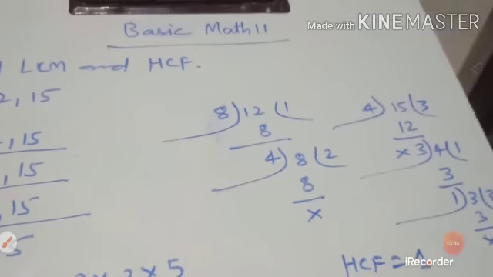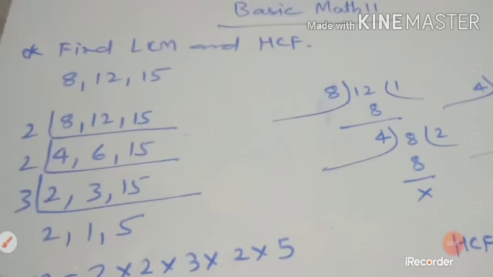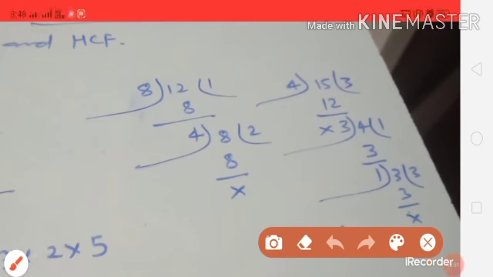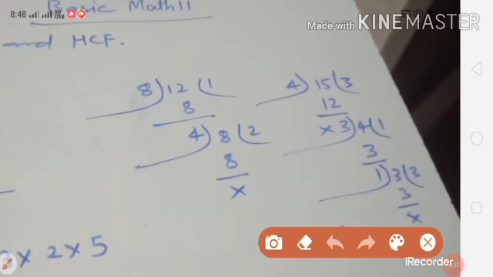First of all we start from 8 and 12. We divide 12 by 8 because 8 is smaller. 8 goes once, and we find remainder 4, and now 4 becomes the divisor. We divide 8 by 4, 4 twos are 8, so remainder is 0, or you can also write a cross.